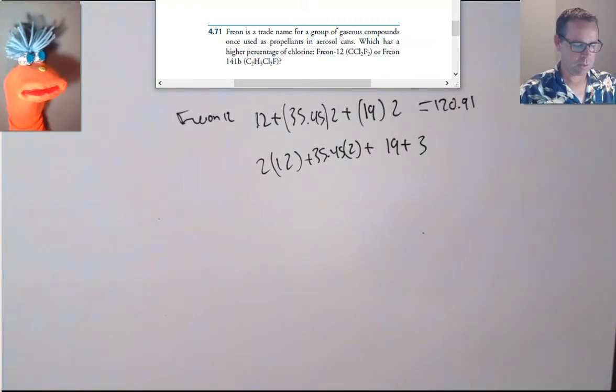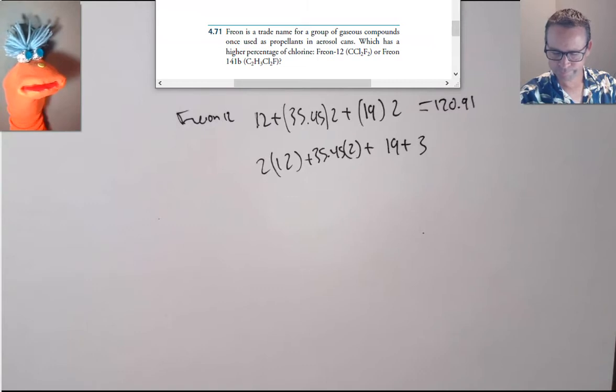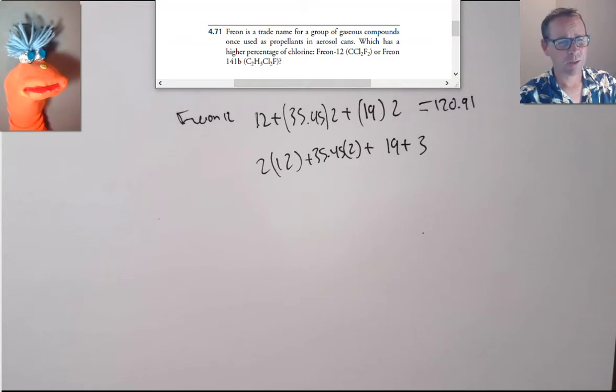Okay, so let's see, molar mass of Freon 141b. 260.209 grams per mole, that's according to information I found on ChemBK. That's not right.